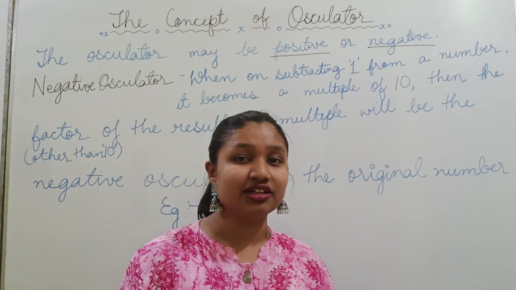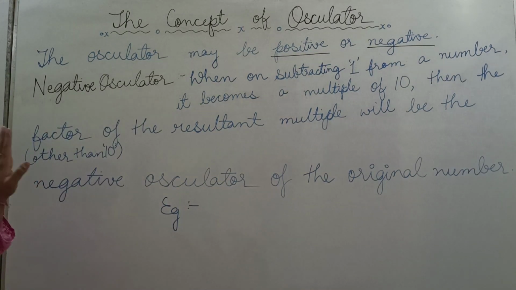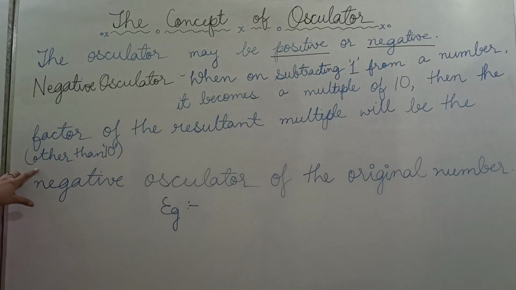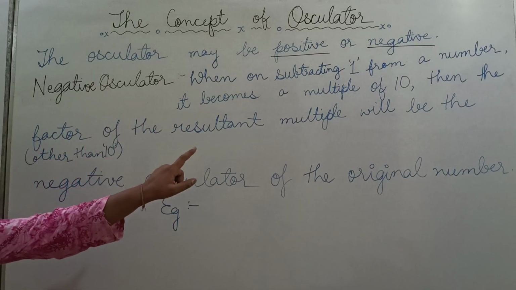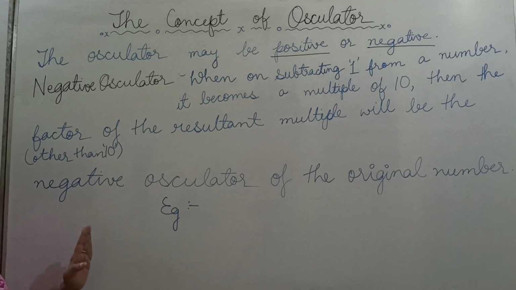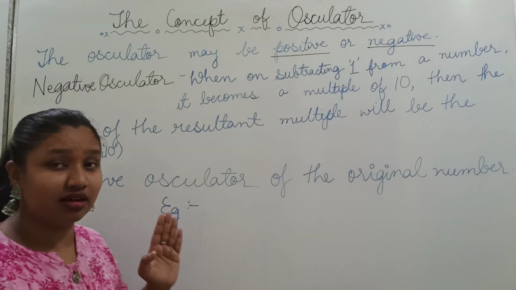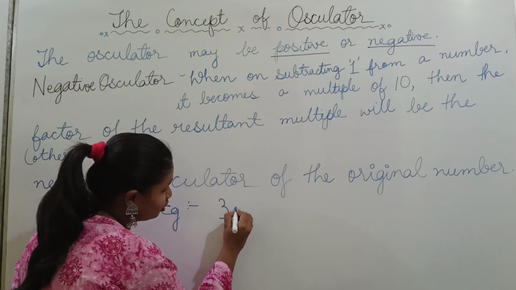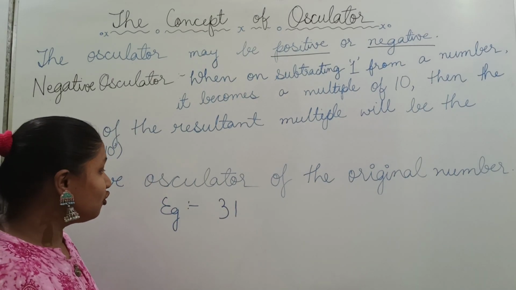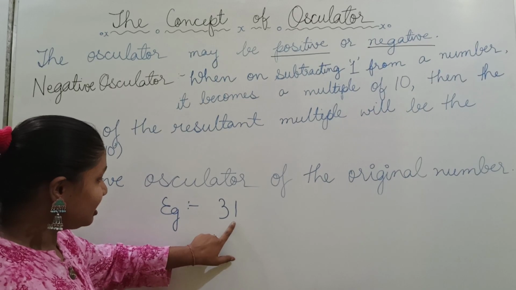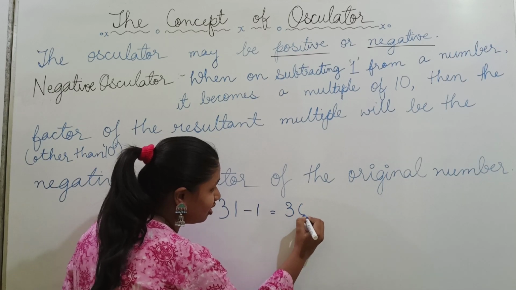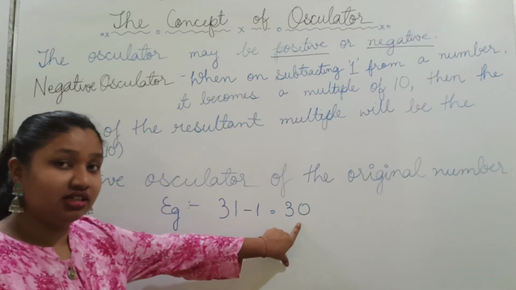Now, what is a negative osculator? When on subtracting 1 from a number, it becomes a multiple of 10, then the factor, obviously other than 10, of the resultant multiple will be the negative osculator of the original number. Let's check it by taking an example. Let's find the osculator of 31. By subtracting 1 from 31, we get a multiple of 10, which is 30, right?